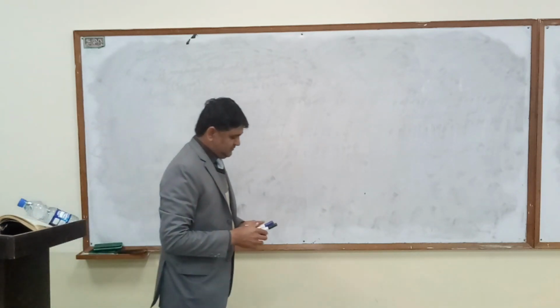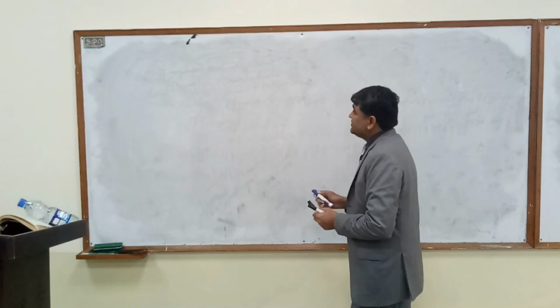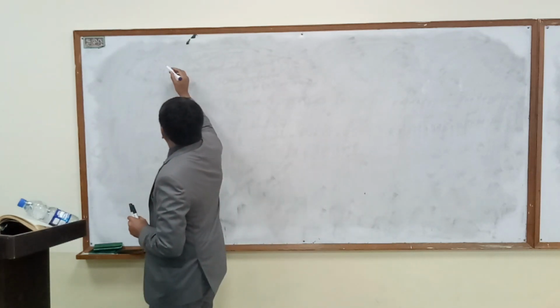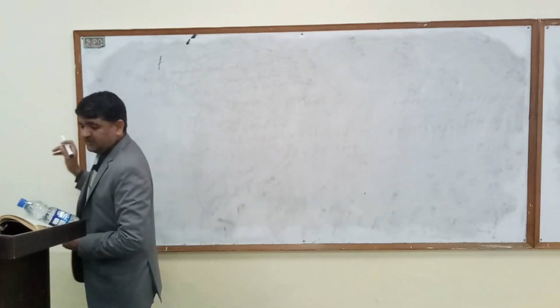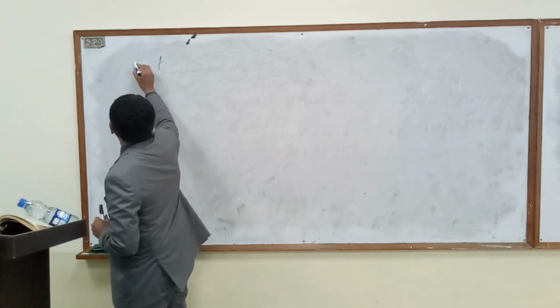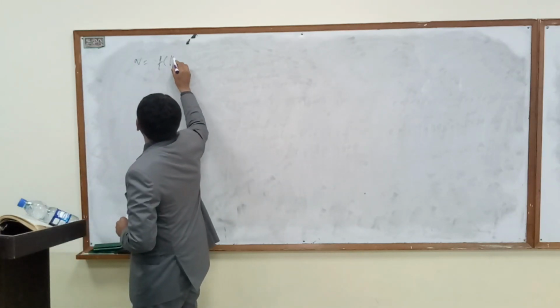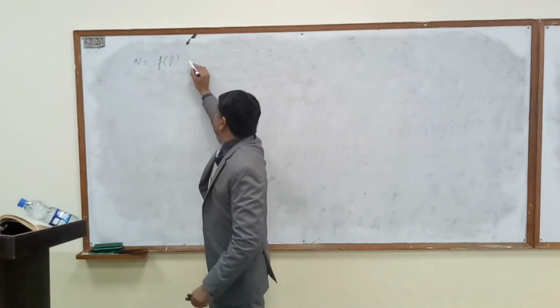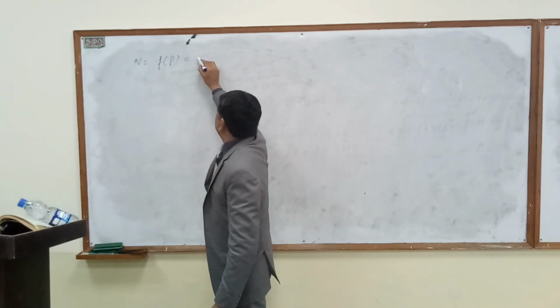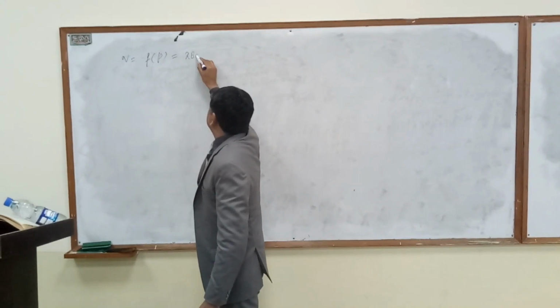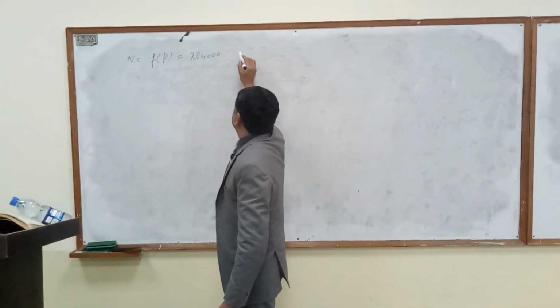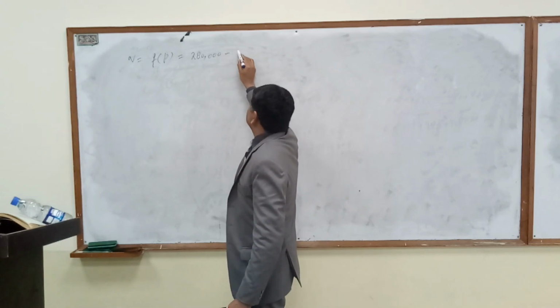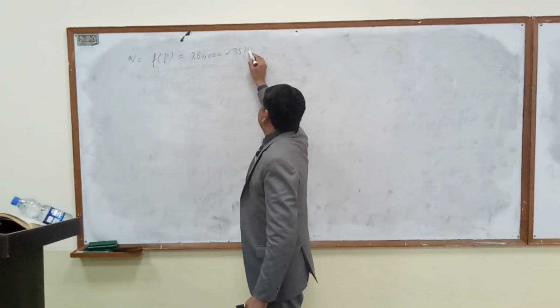Okay, we have a demand function. Quantity demand is a function of price. It means quantity demand is depending on price. Function is given. What is the function? 280,000, which is constant, minus 35p.